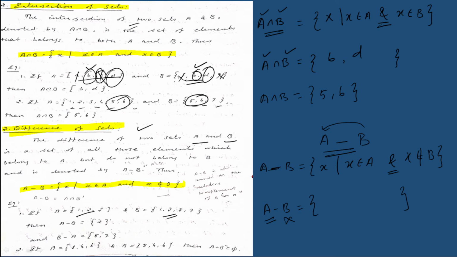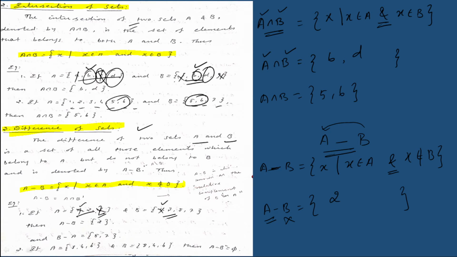So look here, A consists of the elements 1, 2, 3. 1 is an element of both A and B, so leave this element. And 2 is an element of A but not an element of B, so you can take 2. Next, 3 is an element of A but it is also an element of B, so leave this.